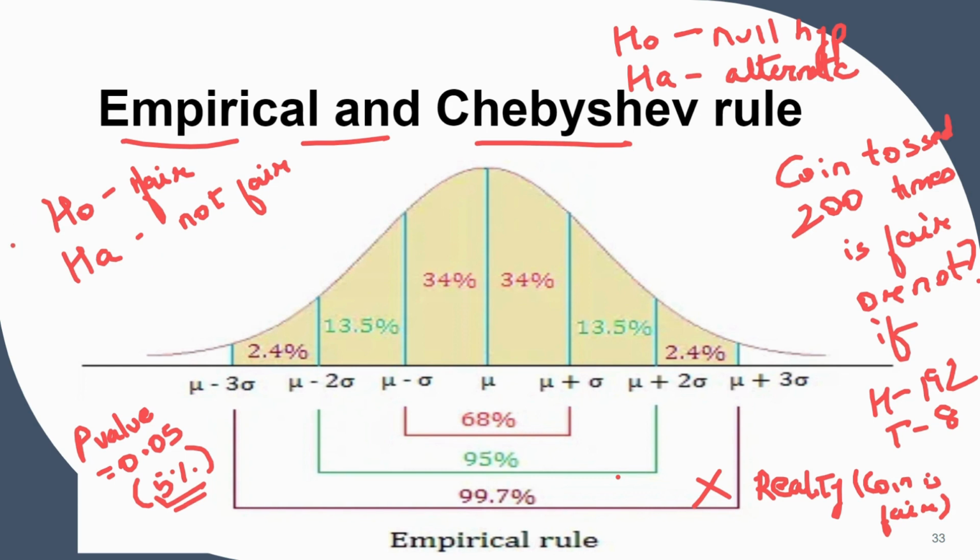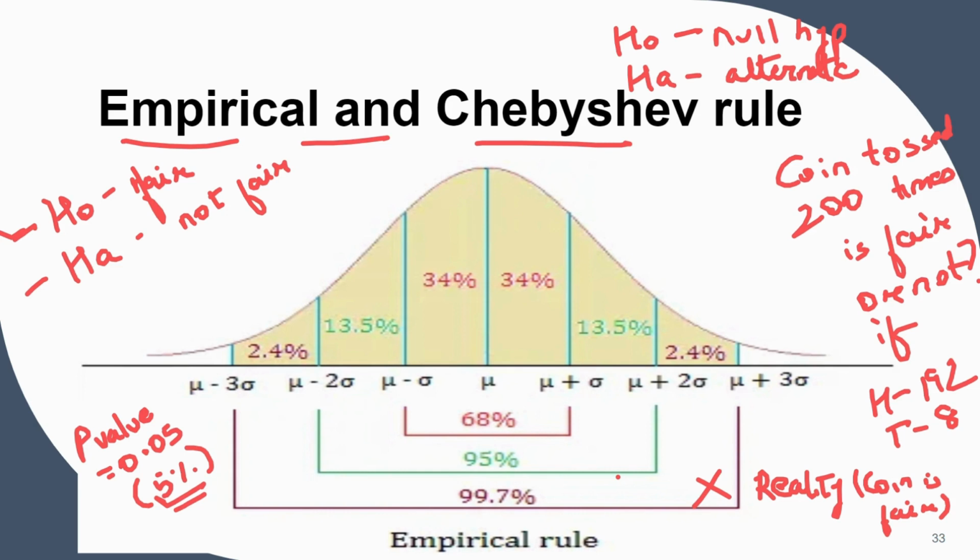We will create a hypothesis, null and alternate. We will check the p value, and if the p value is less than 5%, we will say the null hypothesis is rejected. And that is the part of hypothesis testing.